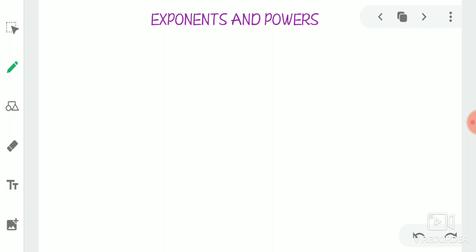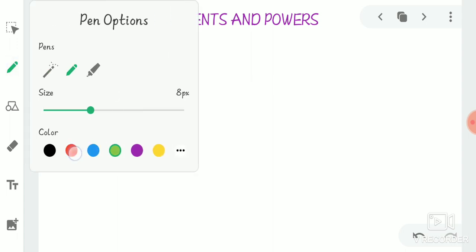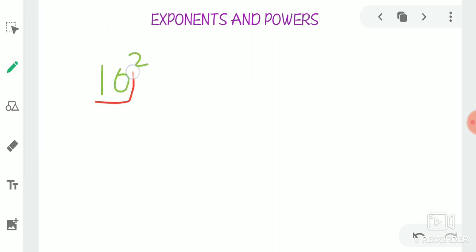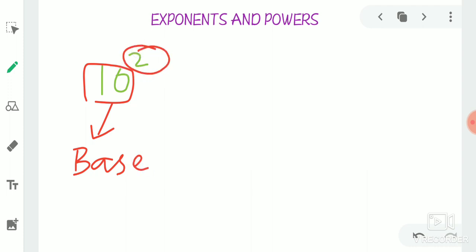Actually, we have learned in our previous class, that is 7th, that for example, if we take a number 10 raised to power 2, this 10 we were saying is known as the base, and this we called the exponent in class 7th.